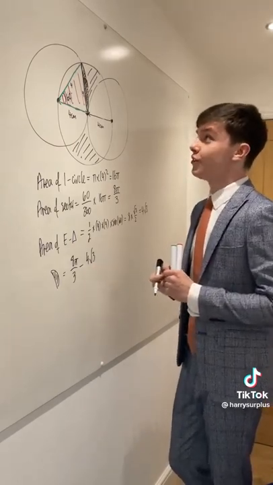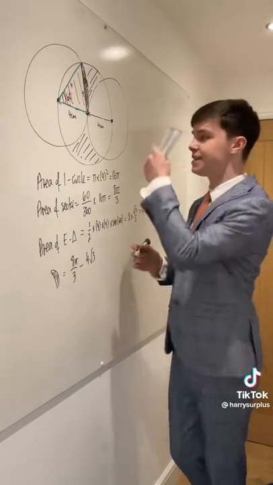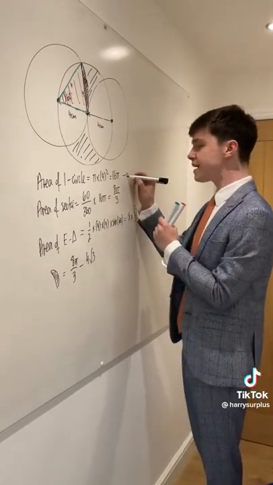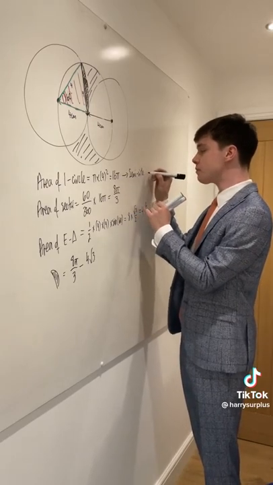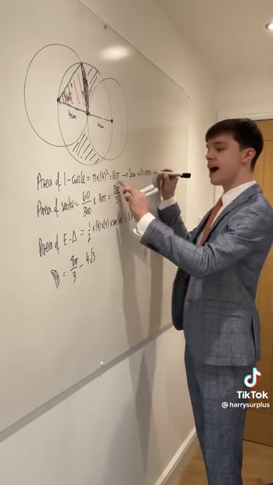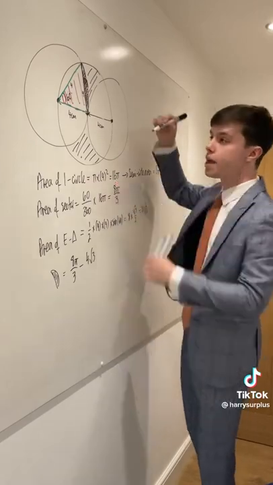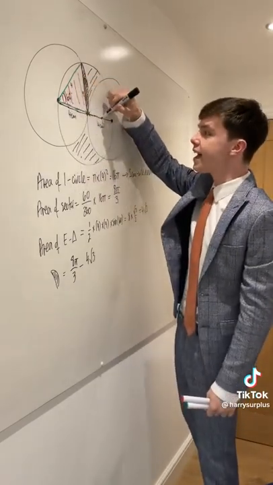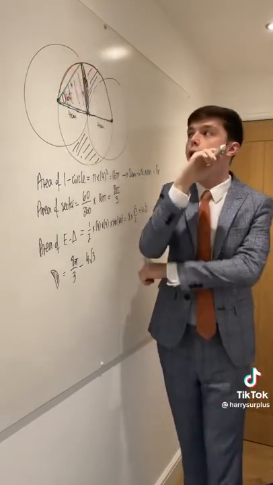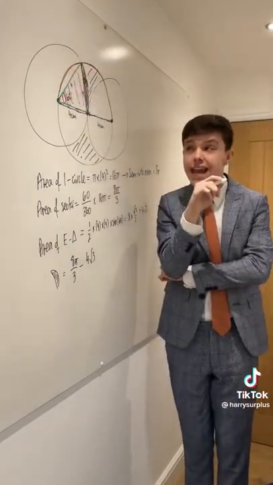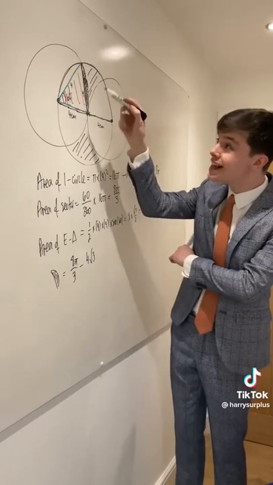Now I'm going to look at the semicircle. This tells me that the semicircle area is half of it, 8 pi. So this area here, all the way along, is a semicircle. Which bit of that is shaded?